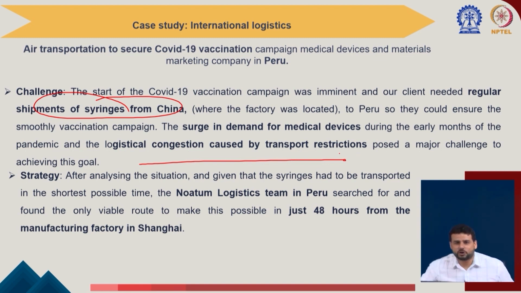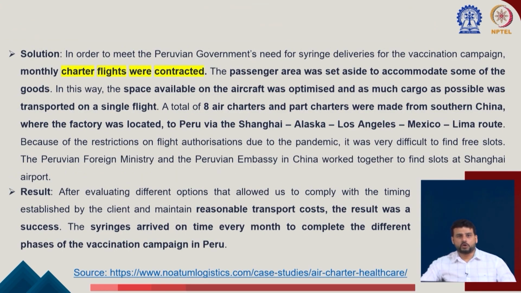So how could they ensure the supply? They planned a strategy: how could they deliver the syringes from Shanghai to Peru within just 48 hours? You can go through the detailed case, but here I will just talk about the solution. They contacted charter flights and worked out what passenger area was required in each flight.